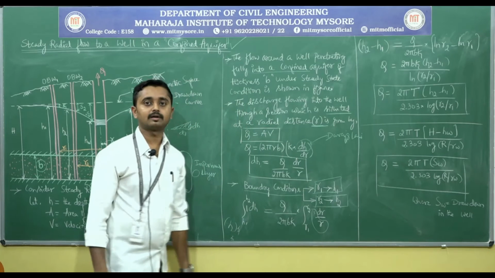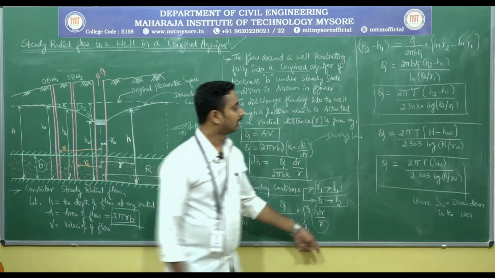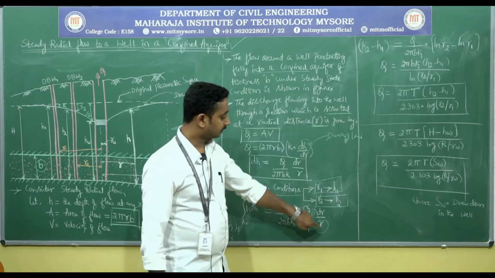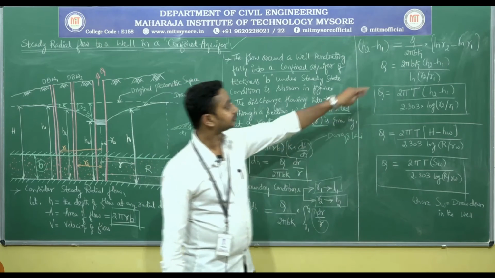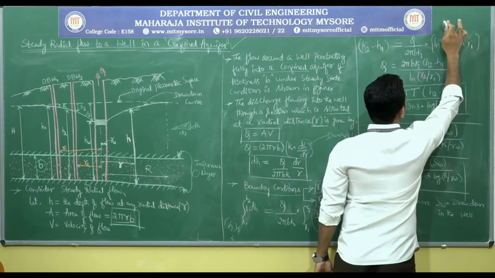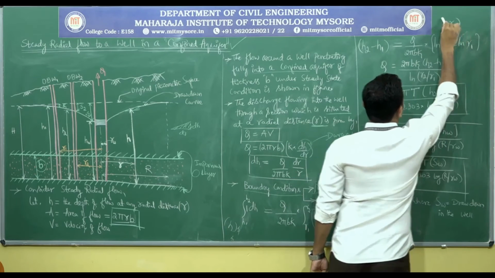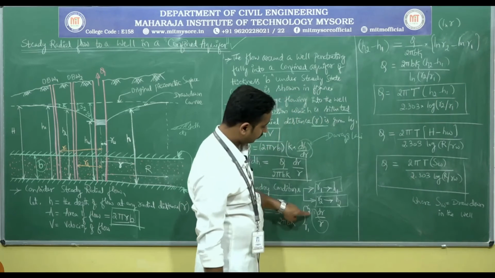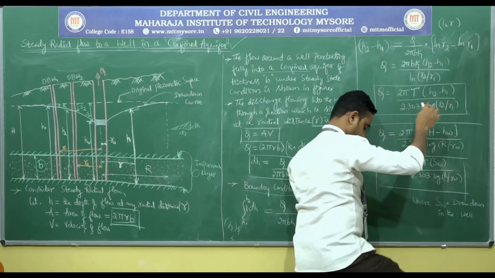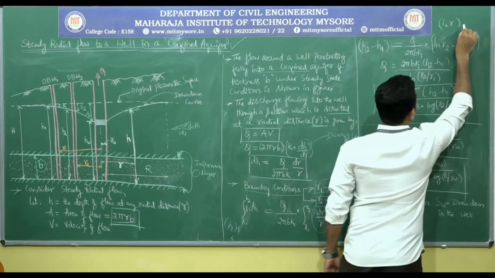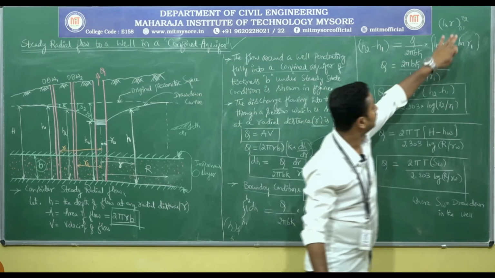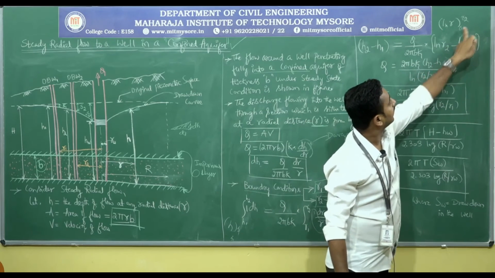Integration of 1 by r dr is very similar to the previous one, and this is a simple integration we must know. Integration of 1 by r dr is ln r, between limits r1 to r2, upper limit minus lower limit: ln r2 minus ln r1.